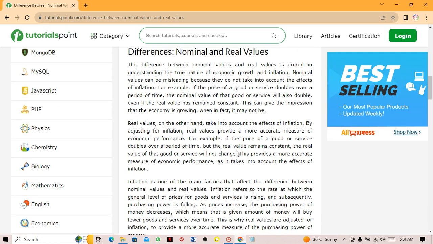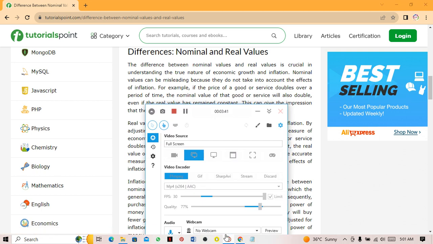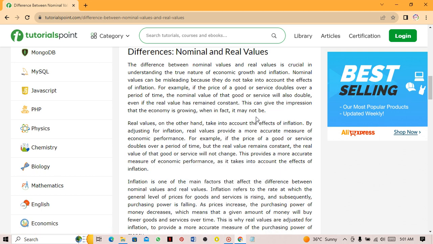Differences: nominal and real values. The difference between nominal values and real values is crucial in understanding the true nature of economic growth and inflation. Nominal values can be misleading because they do not take into account the effects of inflation.